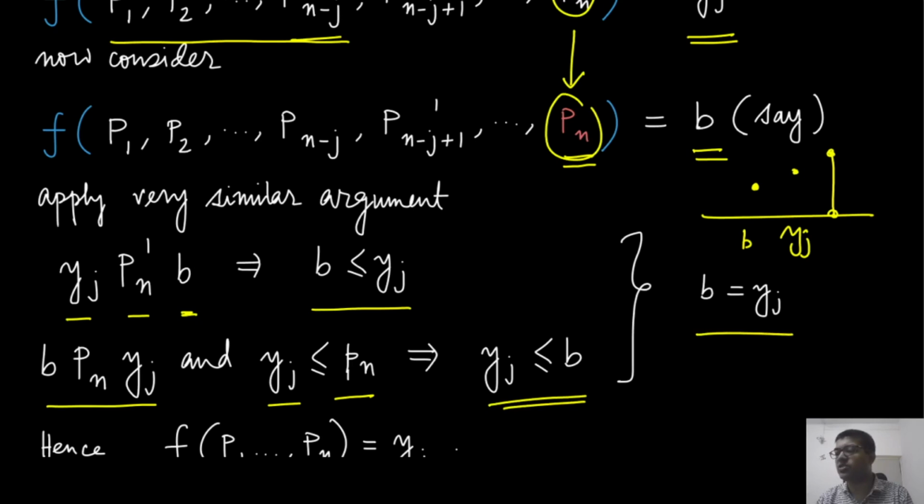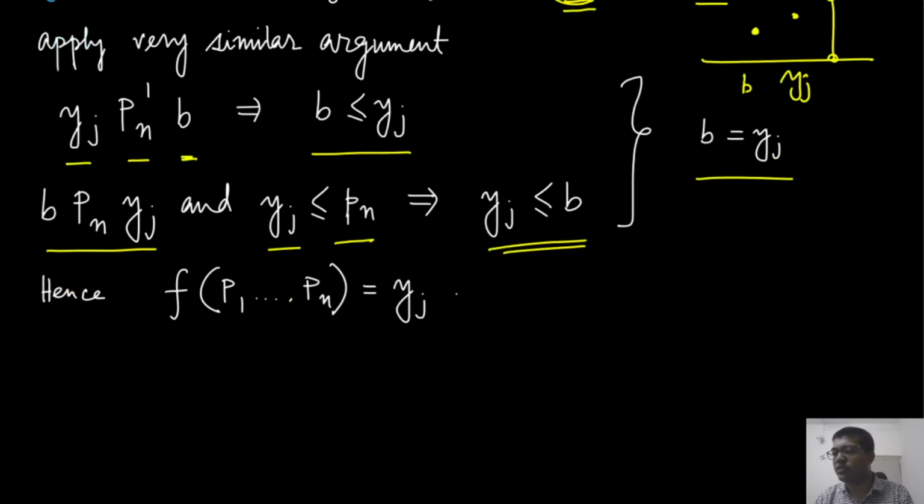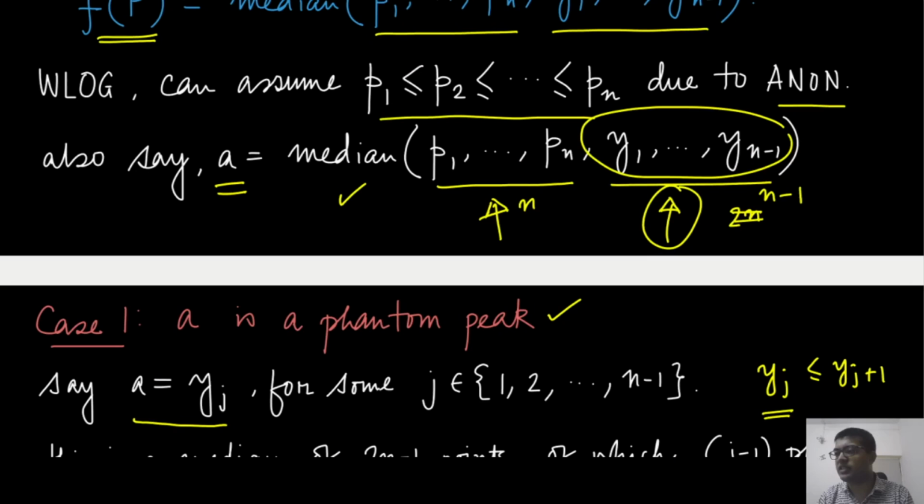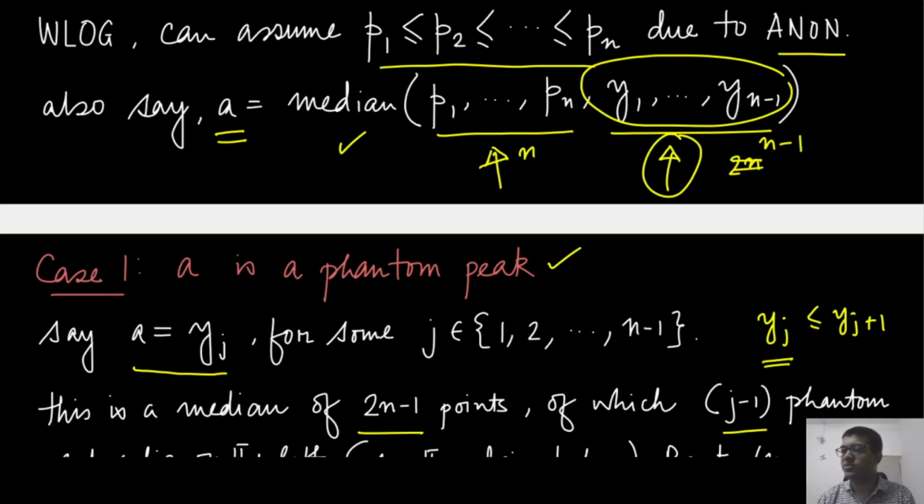Now repeat this argument until you come back to the fact that f of p is actually equal to yj. So what we have proved, let us go back to the original claim: if a is a phantom peak, then it must be equal to the social choice outcome f of p.